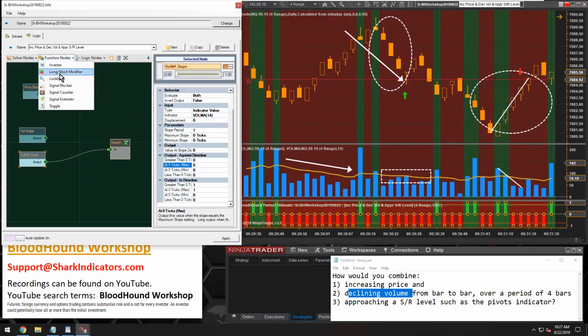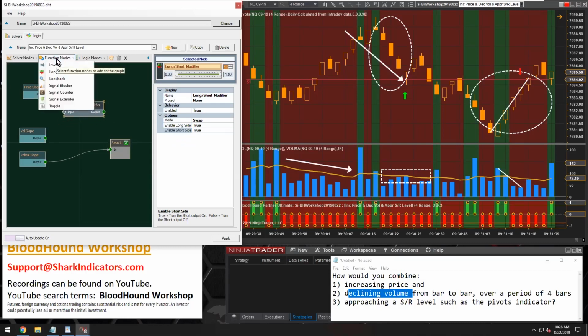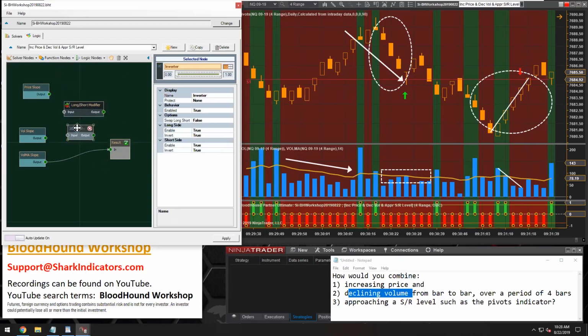So let's take a look at the long-short modifier. We have an enable long side and enable short side here. And actually, we could use the long-short modifier, or we could also use the inverter here. Let me grab an inverter as well to illustrate this.